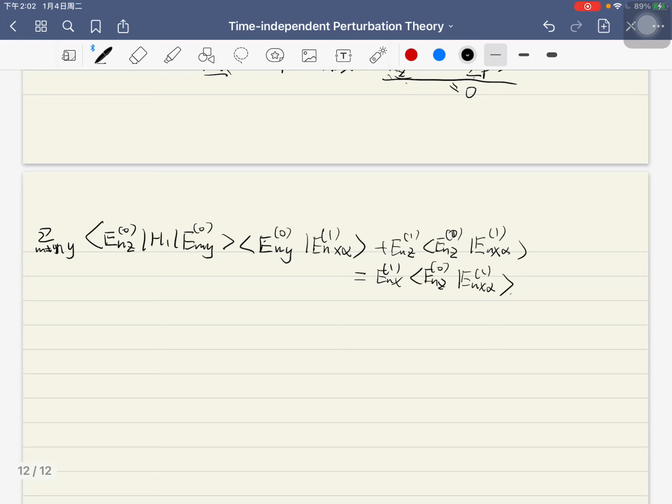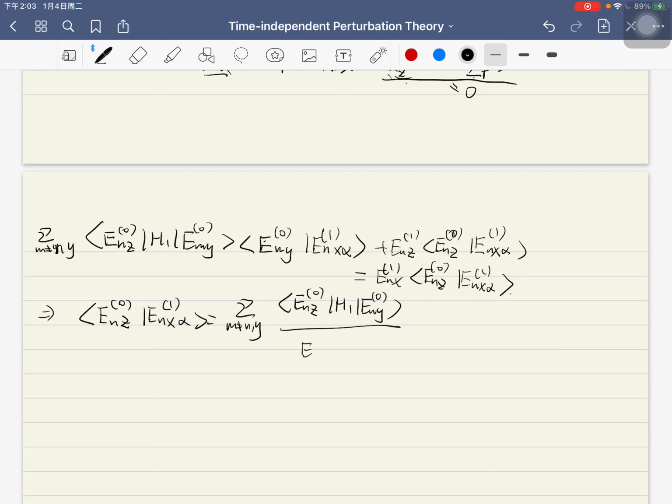So we calculate the inner product e n z0 the e n x alpha 1 equals, since e n y0 e n x1 minus e n z1.